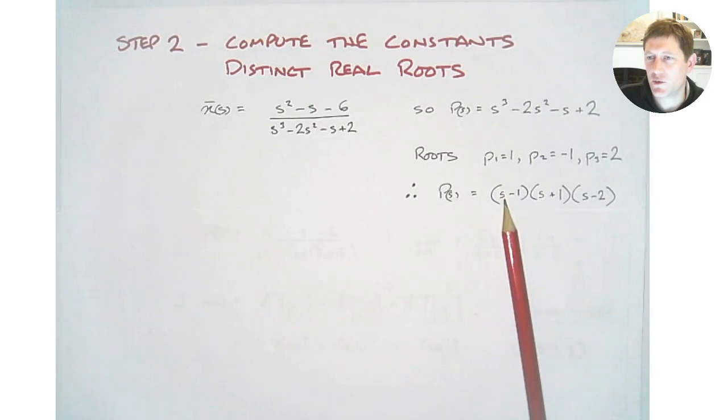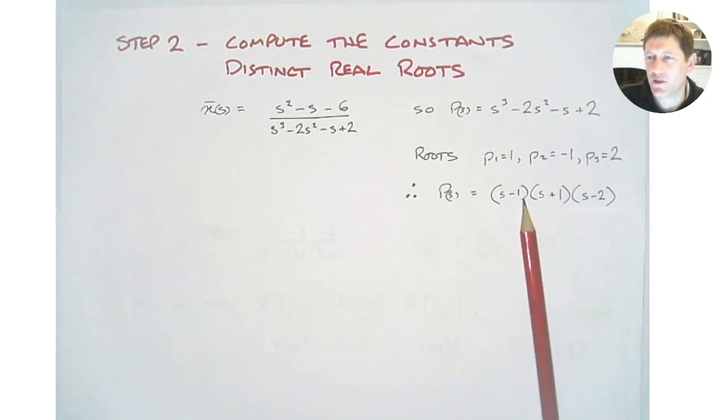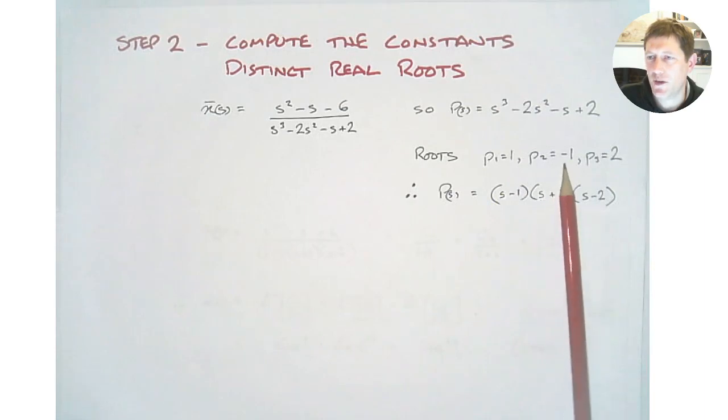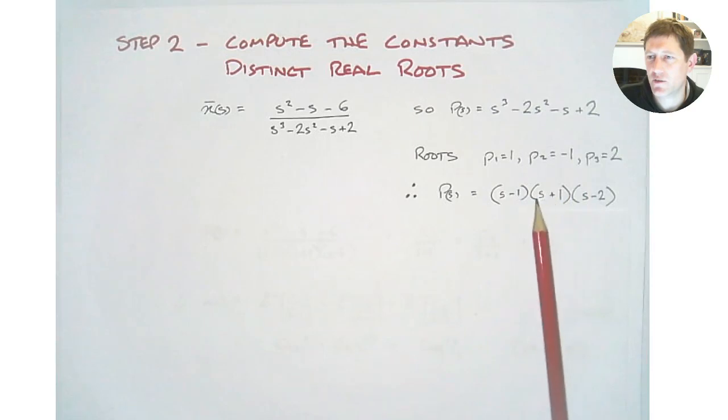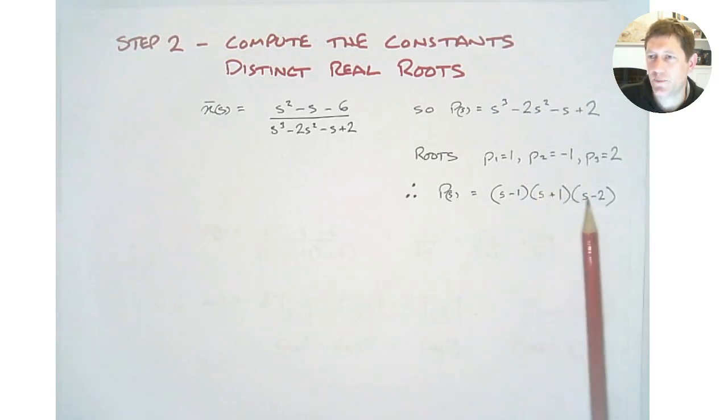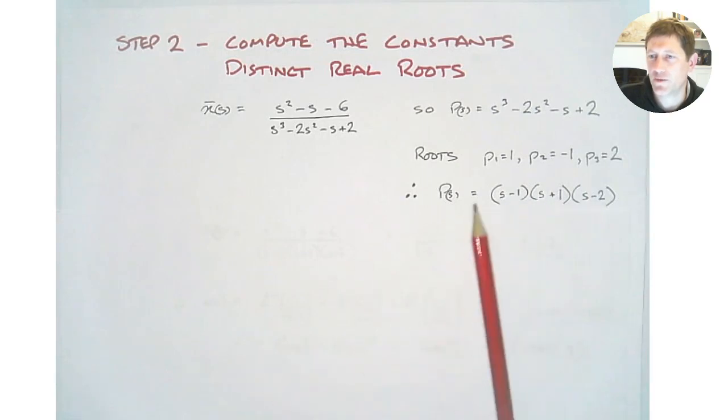So when s is equal to 1, s minus 1 equals 0, and so the function is equal to 0. Likewise here, when s is minus 1, the function must be 0, so if s is minus 1, s plus 1 is 0. So this will make the function 0. This form of expansion will satisfy making P(s) the same as what it was before.